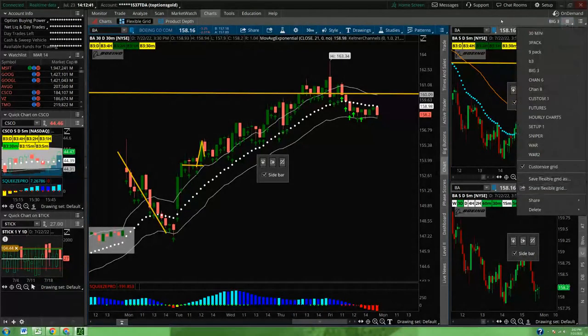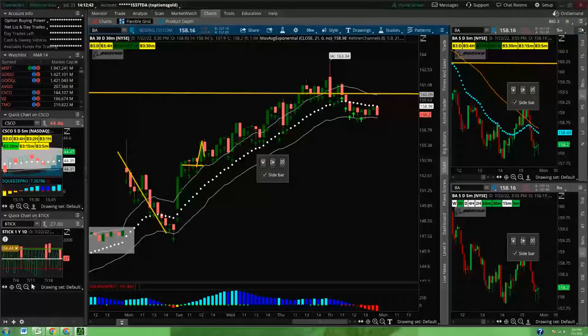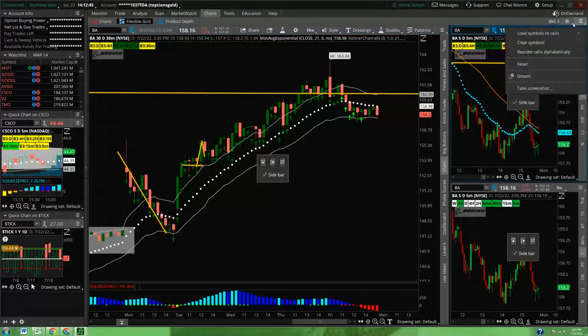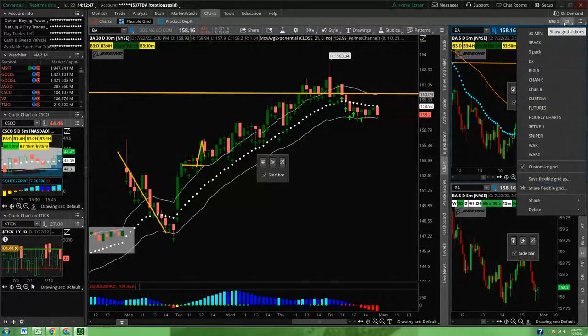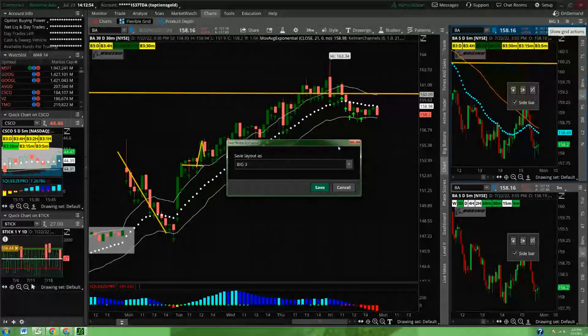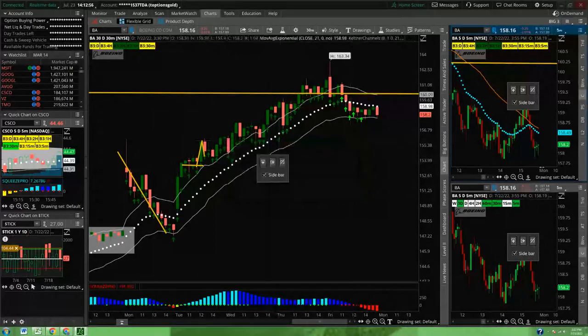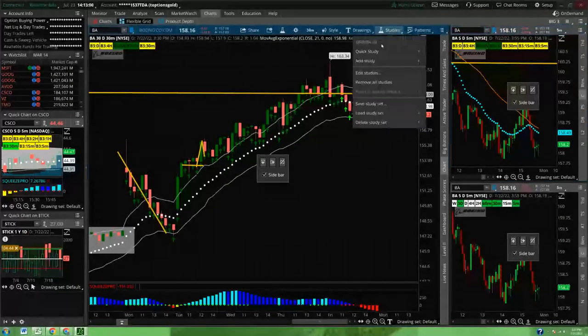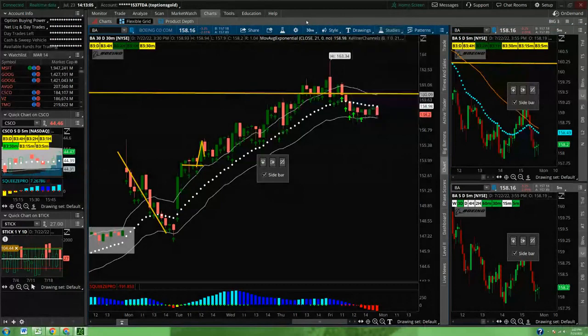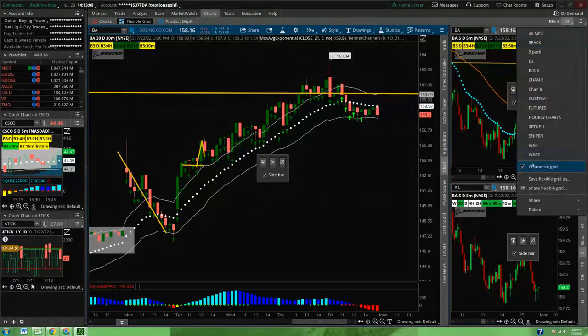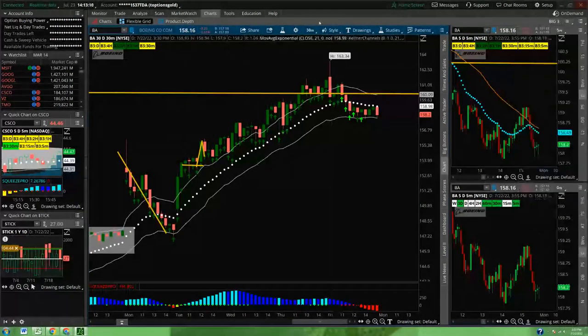As far as saving that, you would click that icon right there and then save flexible grid as. Of course, I call it Big 3. So that'll save your layout. And then as far as saving the workspace, making sure it all stays the same, you just want to save the study set. But we'll definitely go through all that later, guys. Make sure y'all are up and running as you should be.